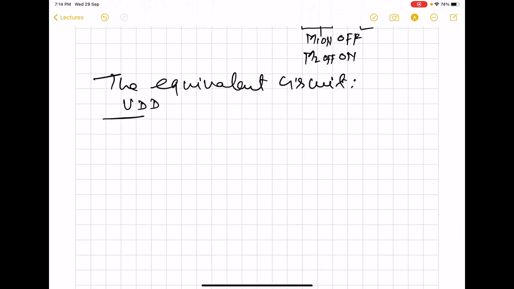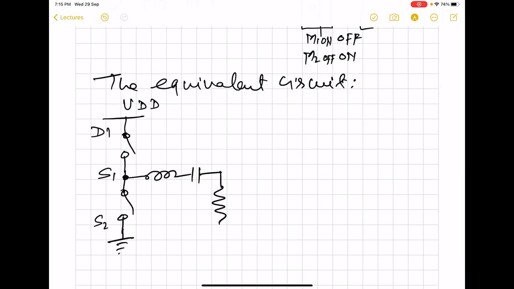So here we have VDD. Here we have node D1. And there is a switch between node D1 and node S1. And then again, a switch between S1 and S2, which is grounded. And our load network is connected to S1.